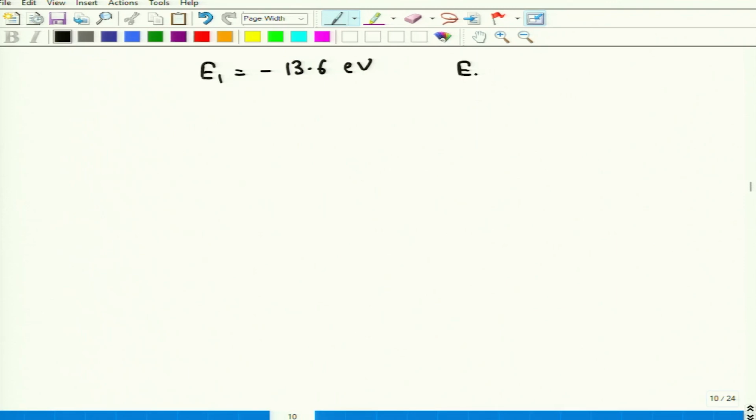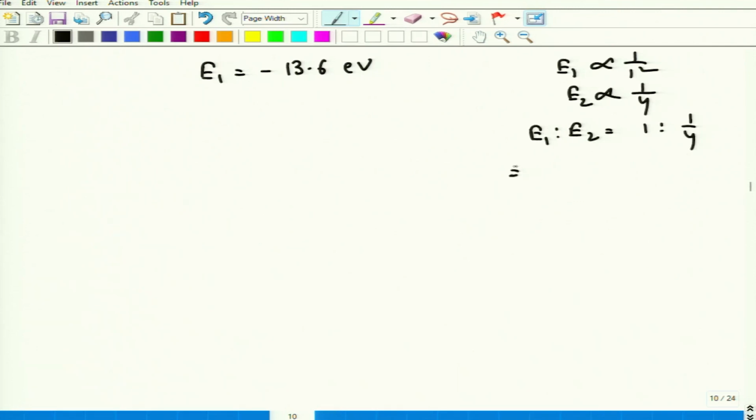E2 will be, because E1 is proportional to 1 by 1 square, E2 should be proportional to 1 by 4. So, E1 is to E2 should be 1 is to 1 by 4. So, we can write E1 by E2 equals 4. So, E1 equals 4 times E2, right.